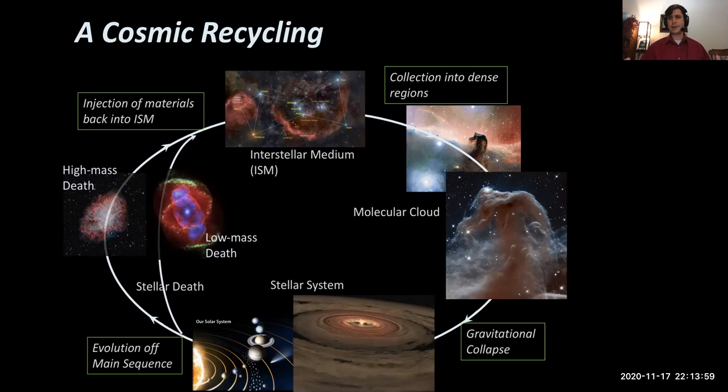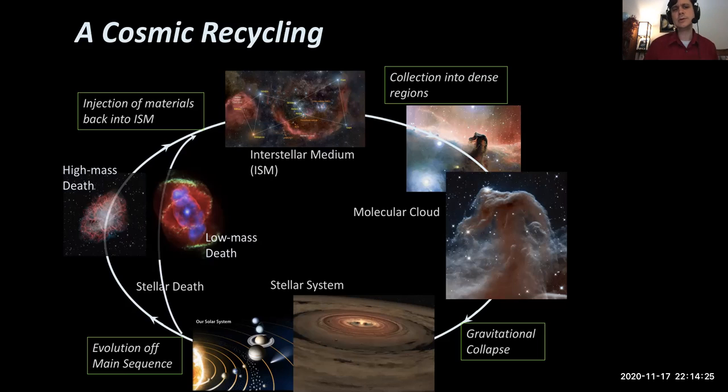The net amount of metals has gone up to kick off another round, another generation of forming stars, going through all the nucleosynthesis processes, the stellar fusion ones and the neutron capture ones. And those are going to get injected, further enriching the interstellar medium over and over and over again.